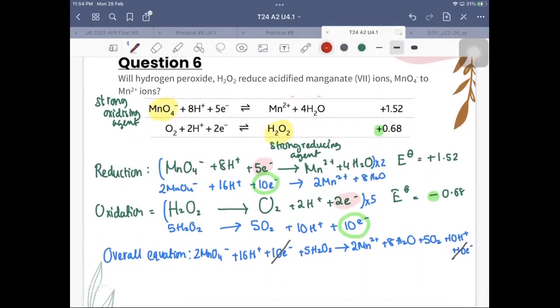I will now move on to my E cell, which is the sum of my reduction and the sum of my oxidation, in which case I have 1.52 plus negative 0.68, which should work out as 0.84.